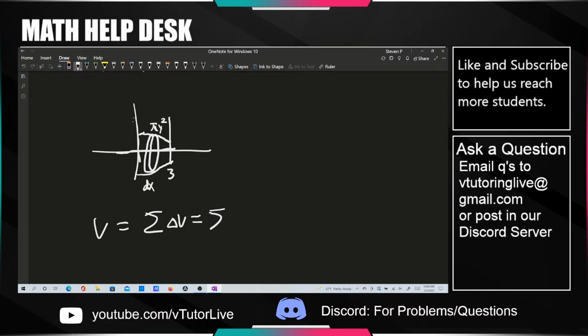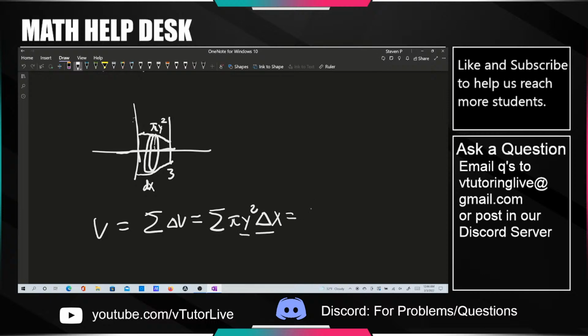And each little chunk of volume is basically going to be pi y squared times delta x, right? Because y dictates the radius of each of these circles or washers, and x dictates the height. And the volume of a cylinder, of course, is pi r squared times the height. So this is radius and this is height.